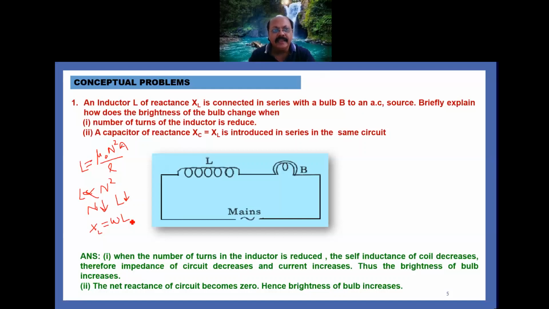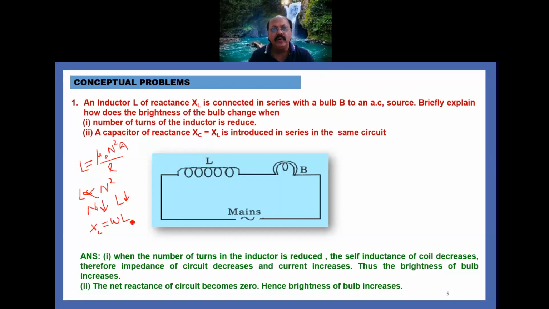Now the second case: a capacitor of reactance Xc equal to XL is introduced in series in the same circuit. Then what happens? If XL and Xc are equal, then the net reactance of the circuit becomes zero. As you have studied, impedance is Z equals under root R square plus XL minus Xc whole square.